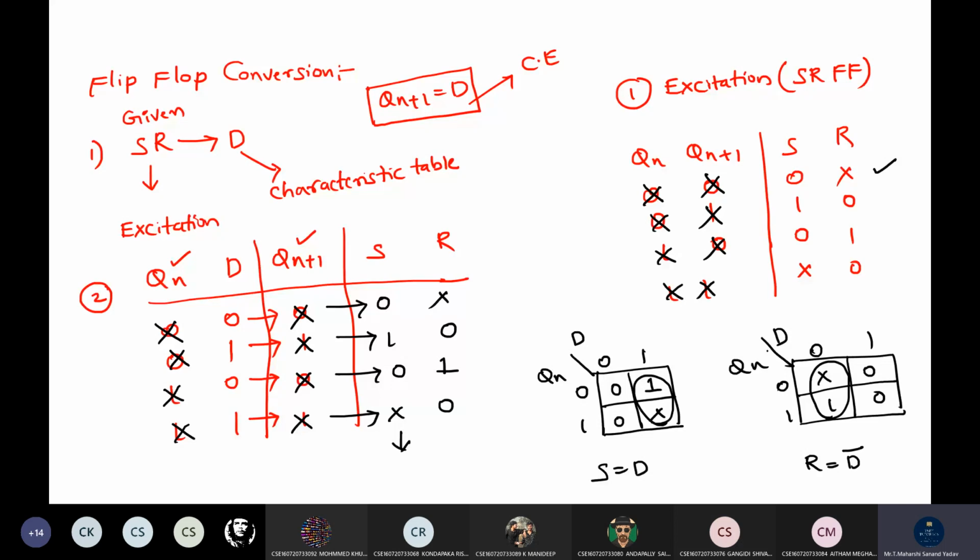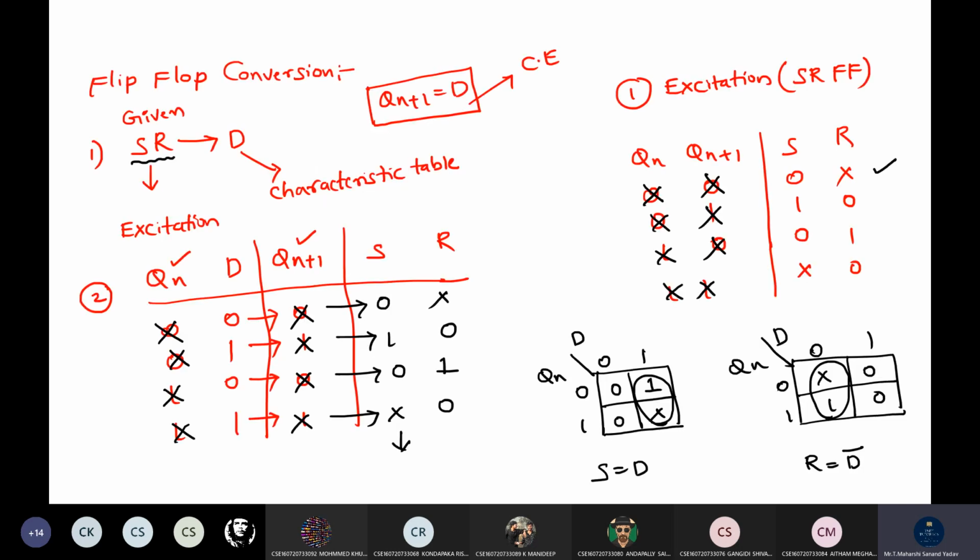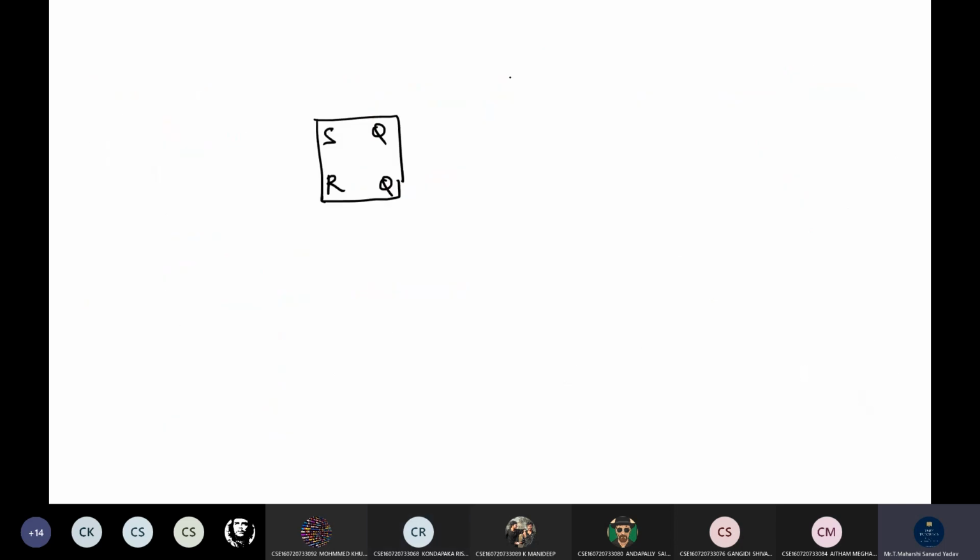Now, which is the given flip-flop? SR. SR to D. So you have the SR flip-flop and want to convert it into D. First draw the SR flip-flop. Inputs are S and R and outputs are Qn and Qn bar.